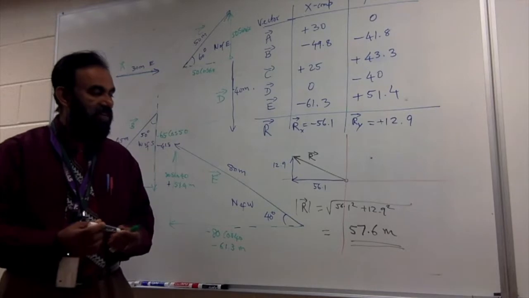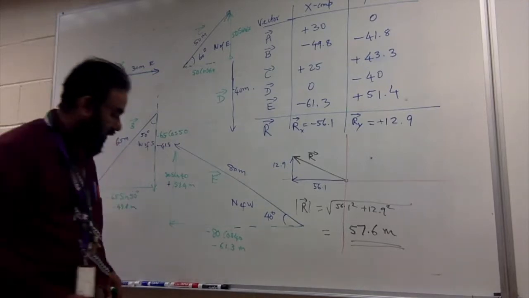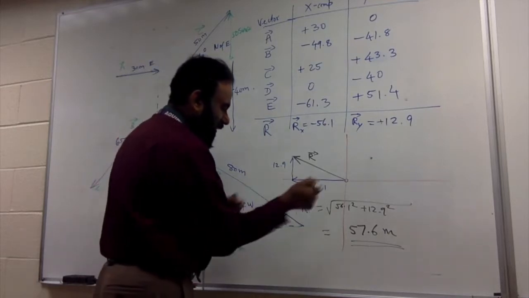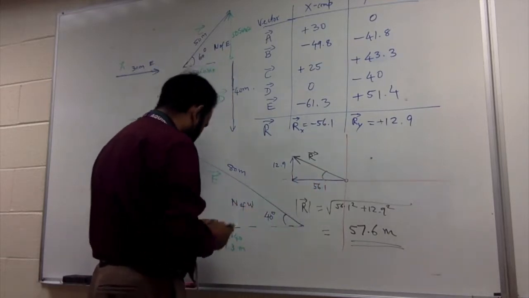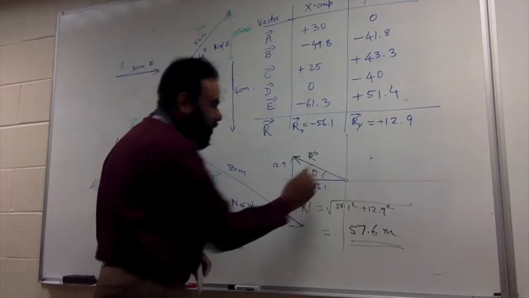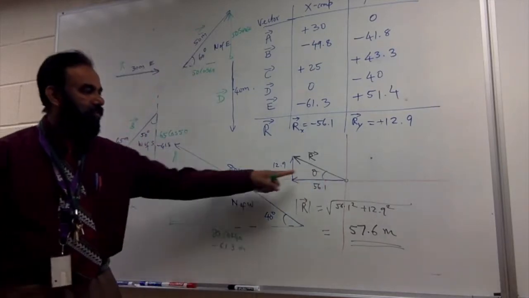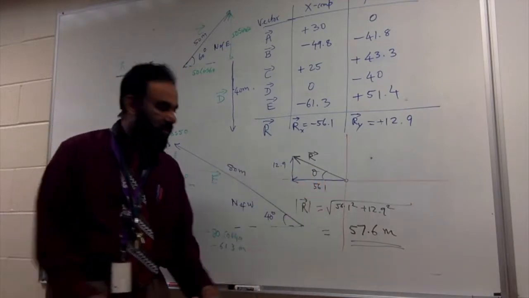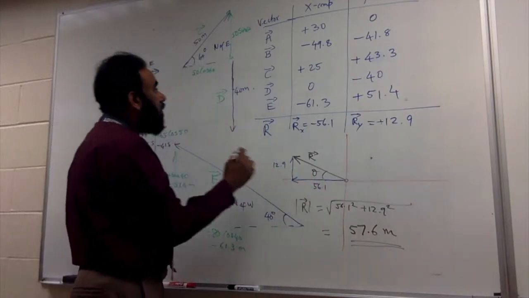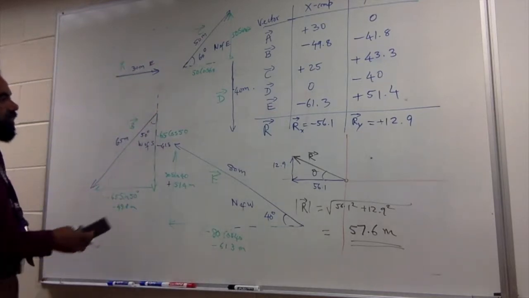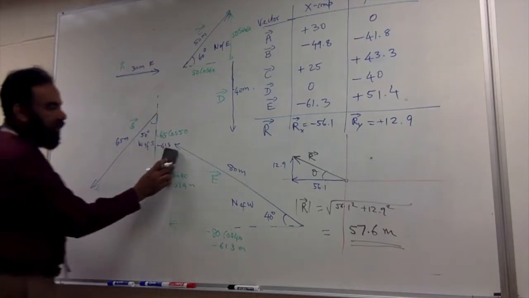But your answer is not finished until you give the direction. So you need to find the direction. To find the direction, tan of this angle is the ratio of opposite to adjacent, so do that.